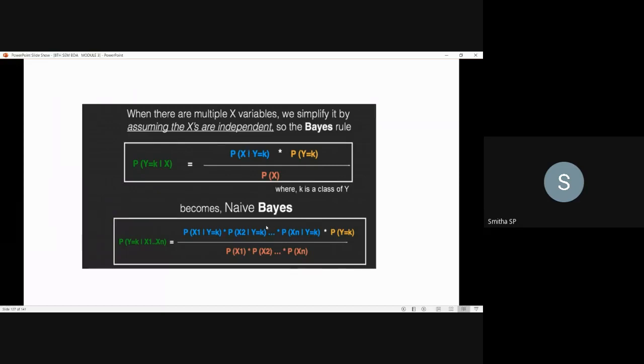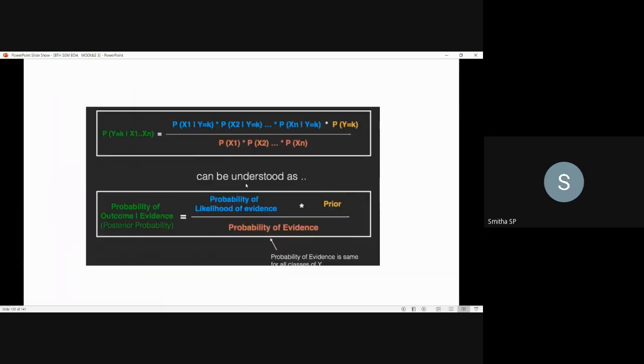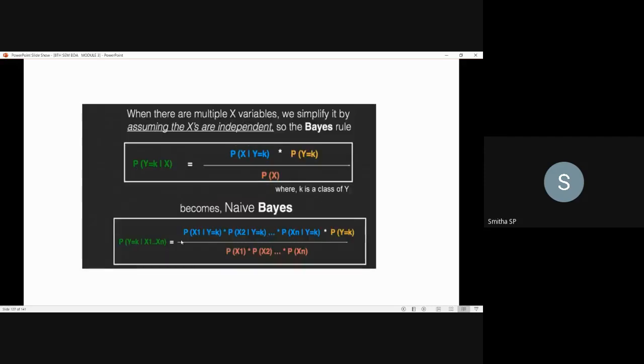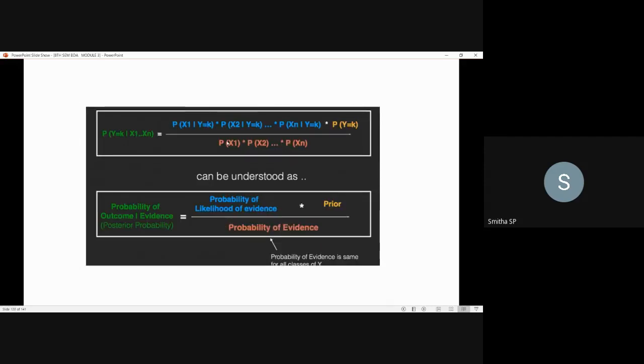Next, the same formula, the Bayes rule, is taken here, and they explain what those terminologies tell you. So P of y equals k given x1 up to xn we call the probability of outcome given evidence.